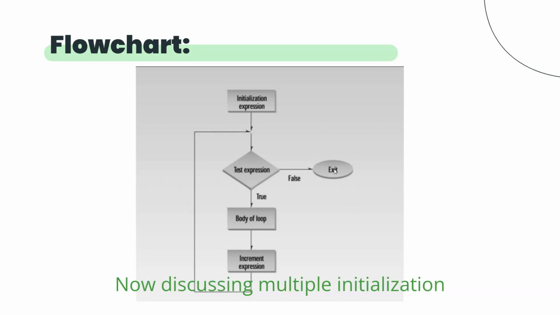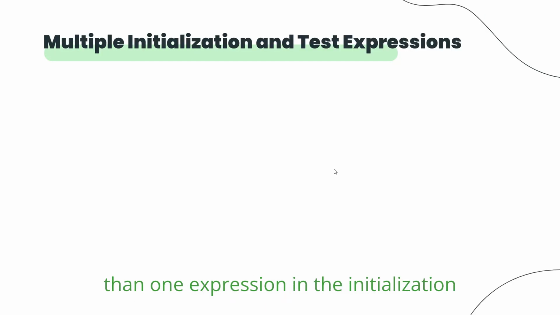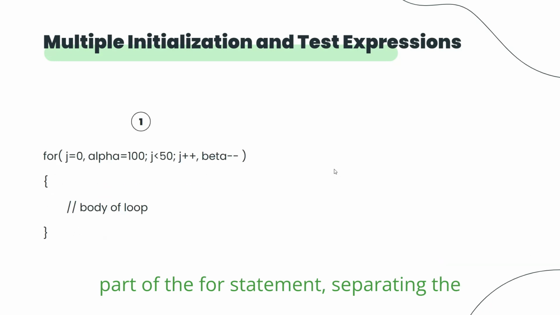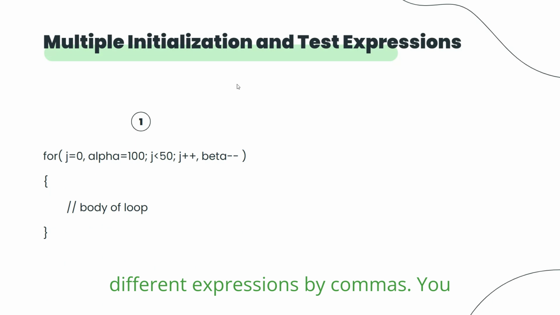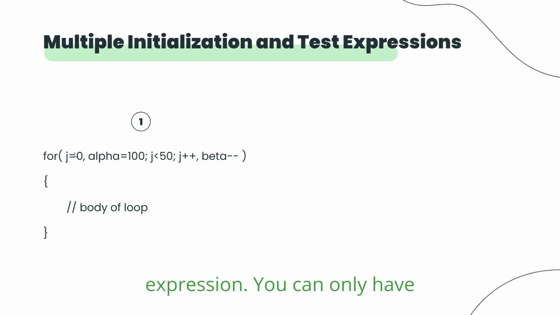Now discussing multiple initialization and test expressions. You can put more than one expression in the initialization part of the for statement, separating the different expressions by commas. You can also have more than one increment expression. You can only have one test expression. Here is an example of it.